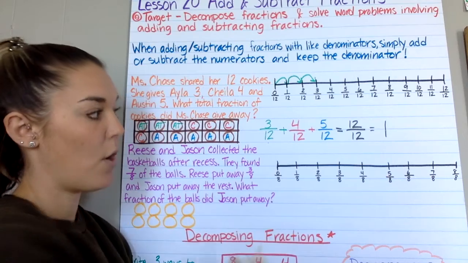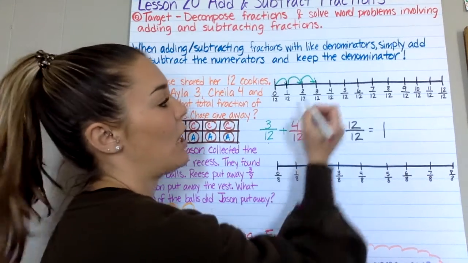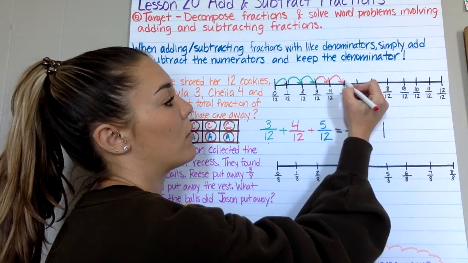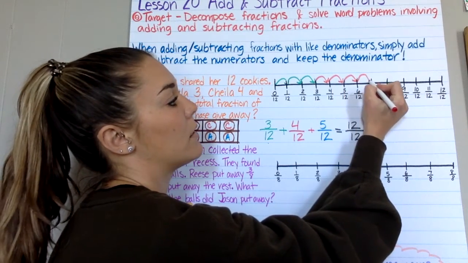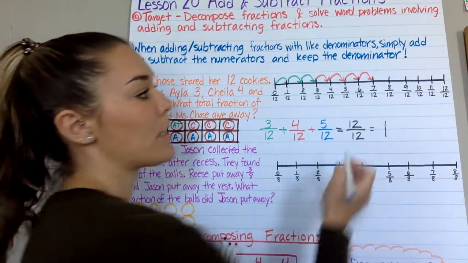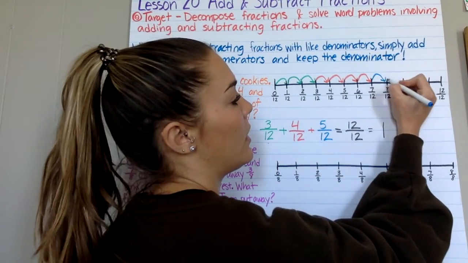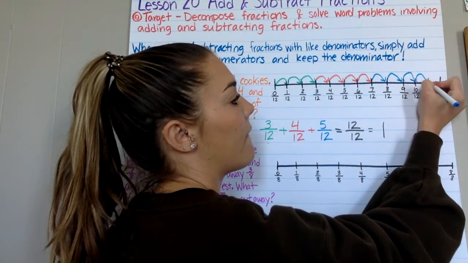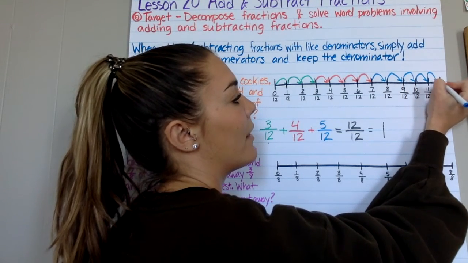Now I need to hop 4 more times for Shayla. 1, 2, 3, 4. Now I need to hop 5 more times for Austin. 1, 2, 3, 4, 5.